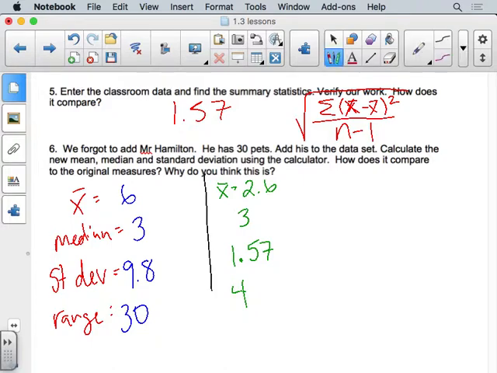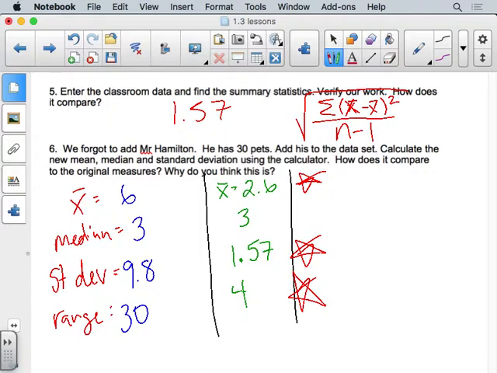Okay, this is like our original column there. What are the ones that really changed? What are the ones that really got messed up? Okay, yeah, definitely range. Standard deviation got spread out too. And even the mean, right? Yeah.